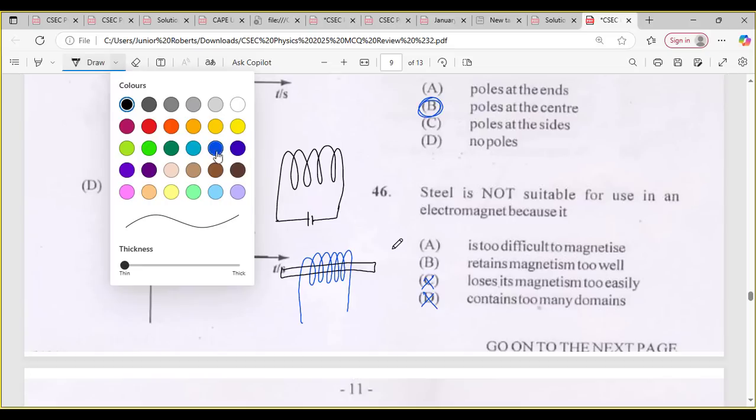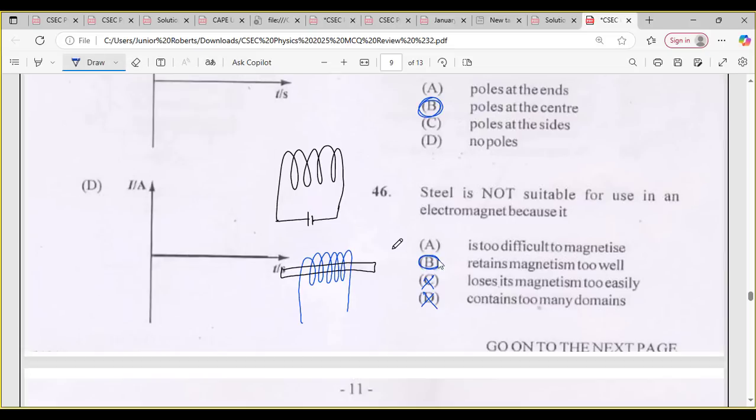I'm going to go with B, and I'm going to tell you why. With the steel inside the coil, that's going to make the electromagnet stronger, so it's going to allow this to be a good electromagnet once operated.